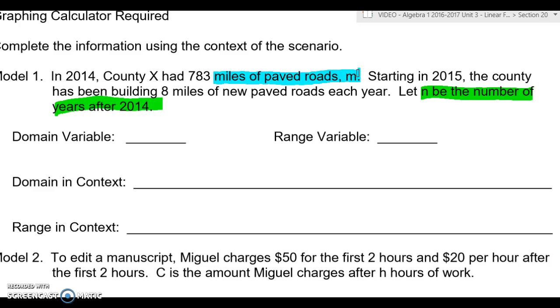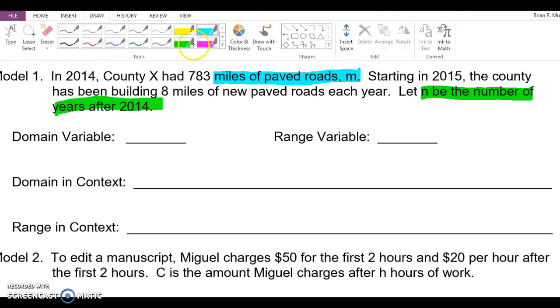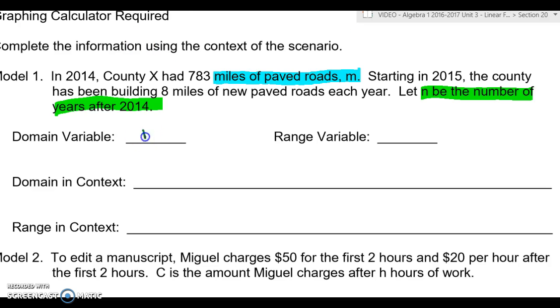So the domain variable and the range variable are already given to us. We just have to figure out which is which. We've already talked about input being the domain and output being the range. So the input in this case was N, so that's our domain variable. And then in context, what does that mean?